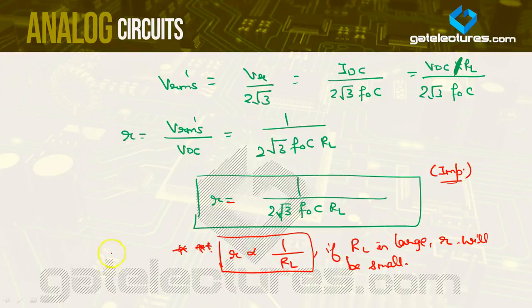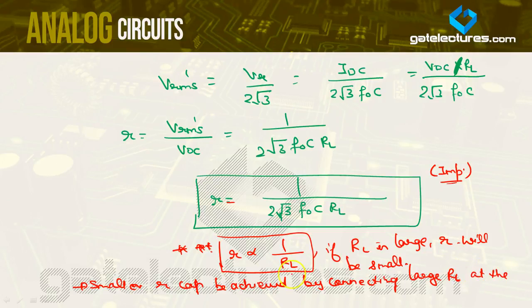So a smaller r can be achieved by connecting a large resistance RL at the output. Okay, this is a very important point.